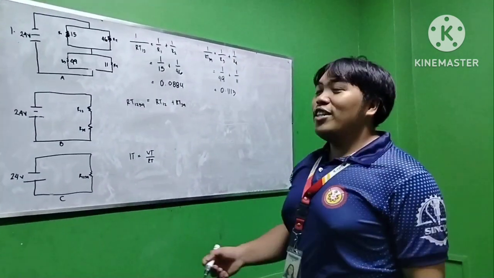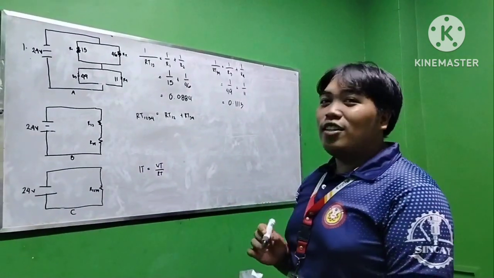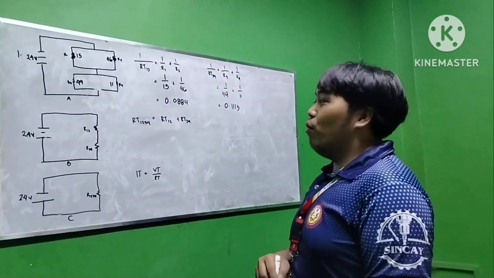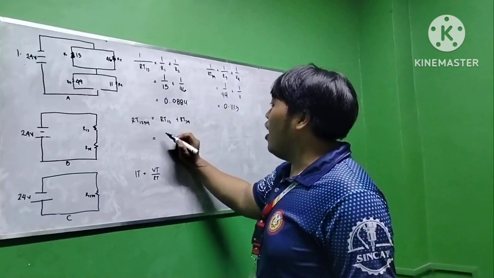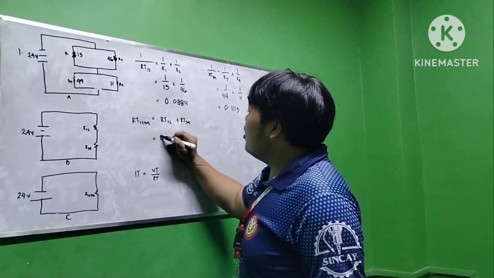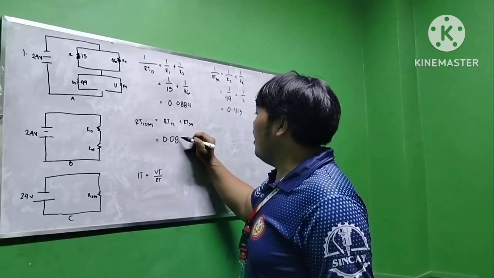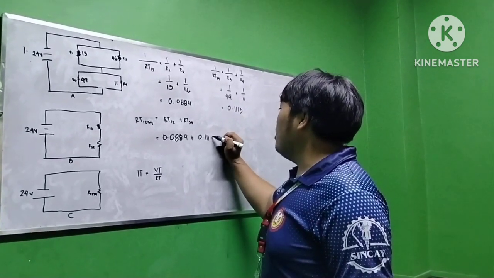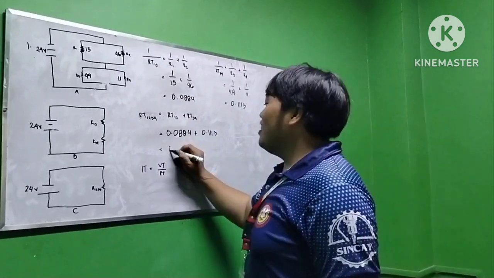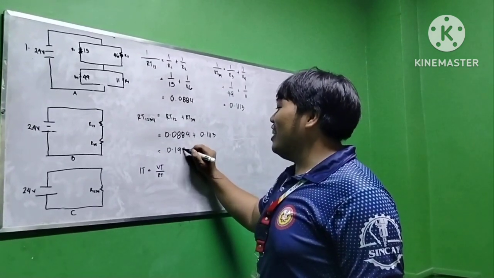For our step B, we're going to get the R total of 1, 2, 3, and 4. So we substitute the answers here. The R total of 1, 2 is 0.0884 plus 0.1113, which equals 0.1997.